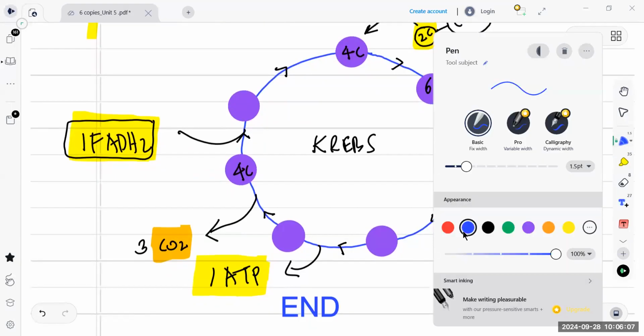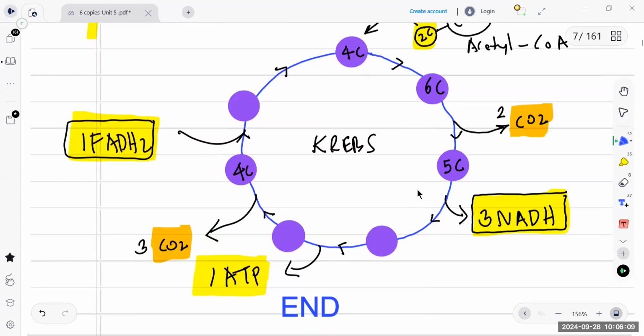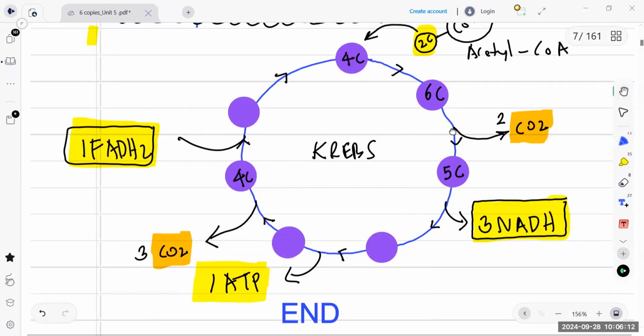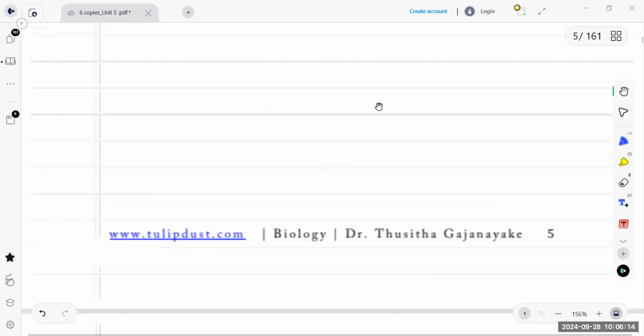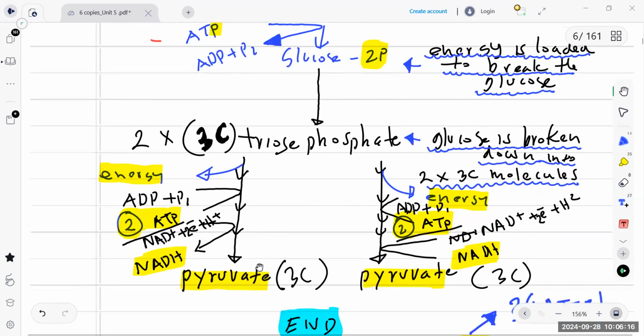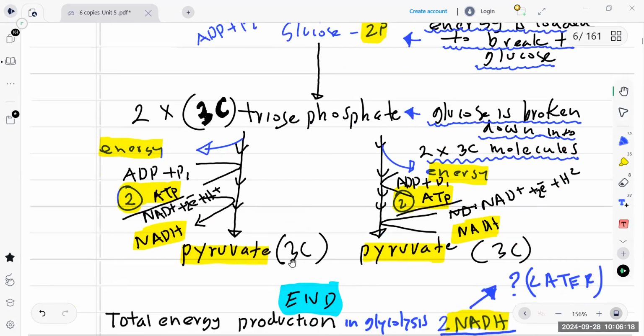Before that, this is for one pyruvate. Can you remember we said 2 pyruvate molecules are formed? So what I showed is for one pyruvate molecule.